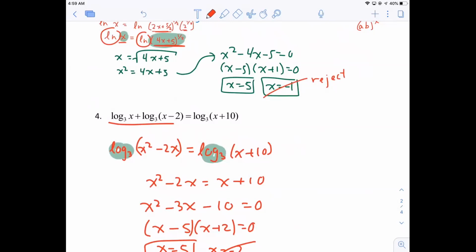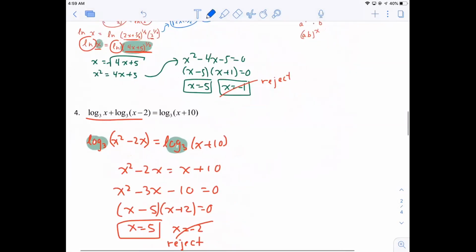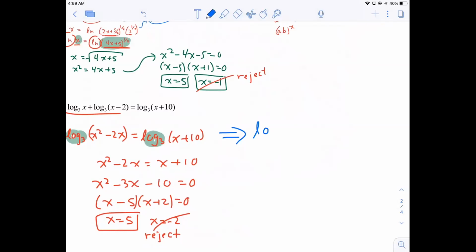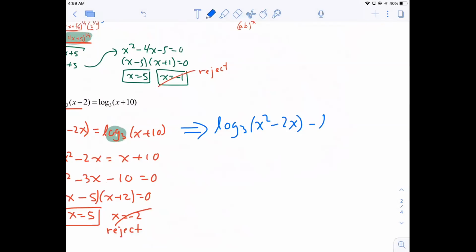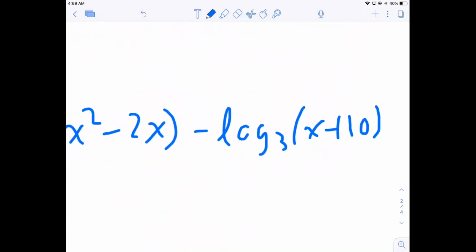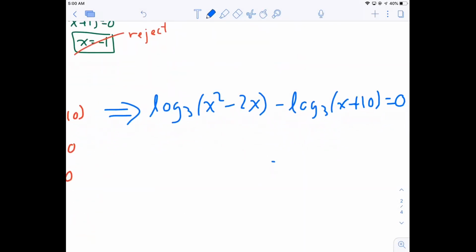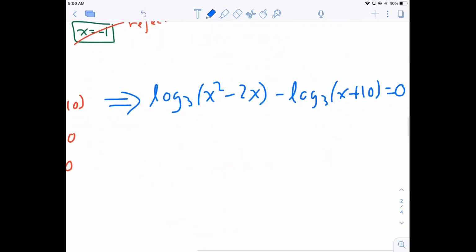And yeah, you can actually also, now that I think about it, actually, let me see if this works. You can also subtract log base 3 of x plus 10 on both sides, right? And I think this should work also. I don't see why it wouldn't. Not the way I would do it though, but I just want to test this out and make this equal 0, right? You can simplify the left side using the quotient rule, where subtraction is the division.